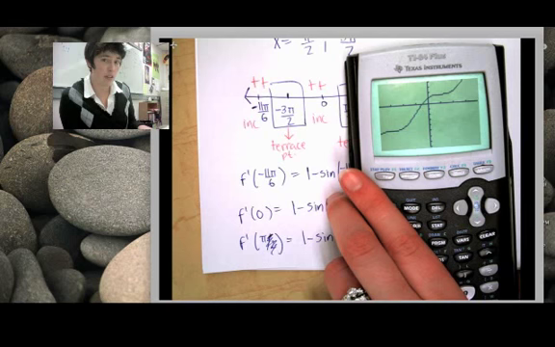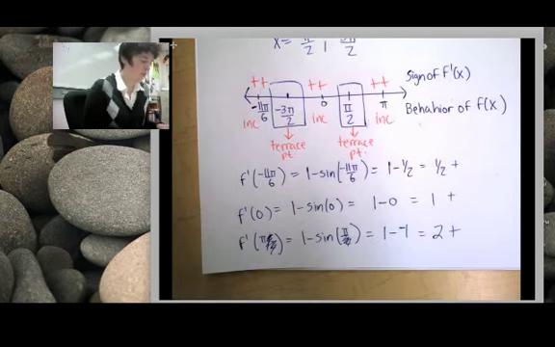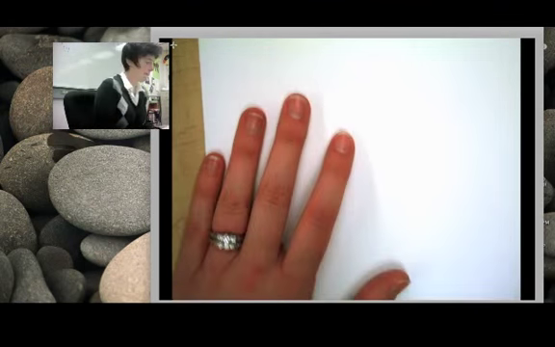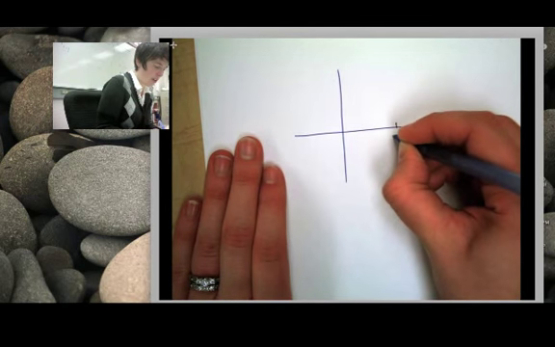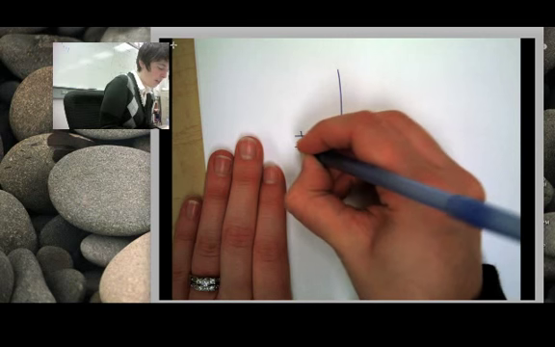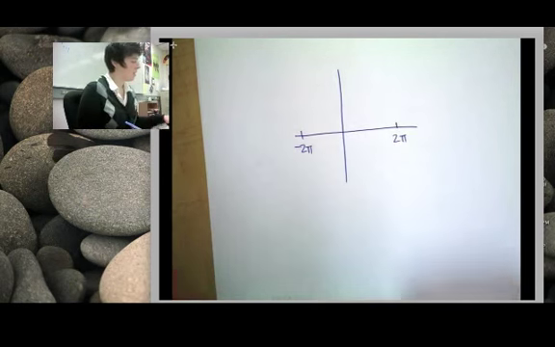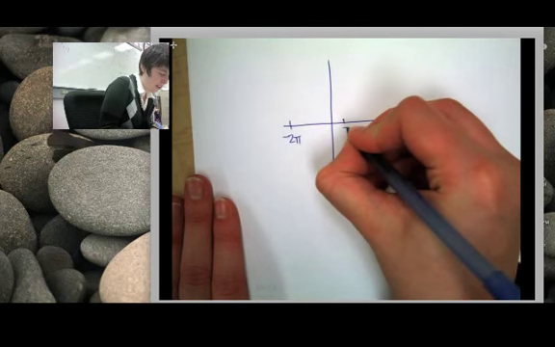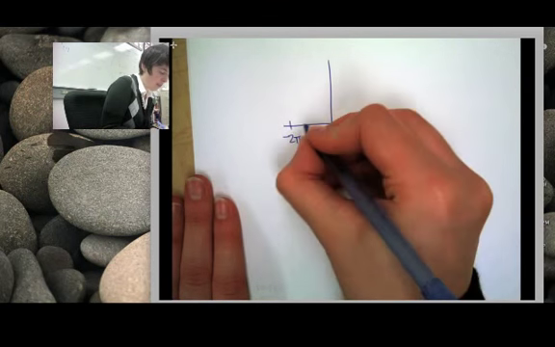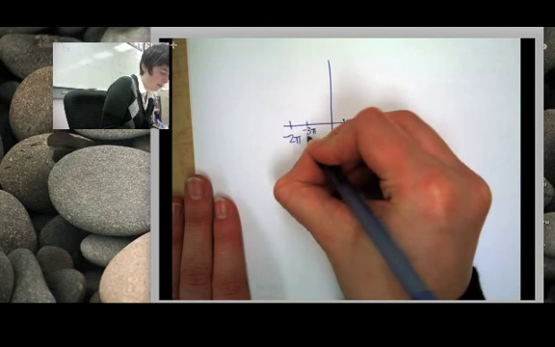Let's draw a picture in our notes of what this graph looks like. So let's see here. We've got a graph that goes something like this. It goes from 2 pi and negative 2 pi. And the flat spots are happening at pi over 2, right about here. And negative 3 pi over 2, back here.